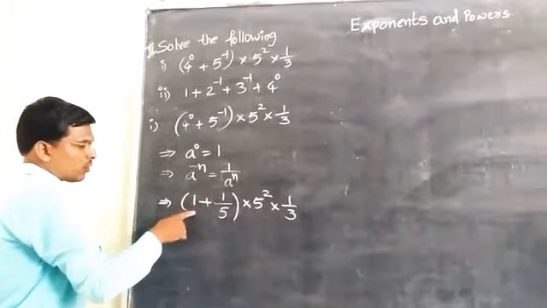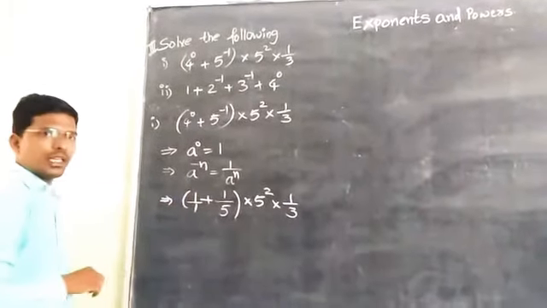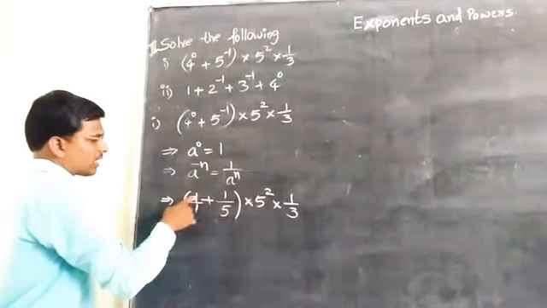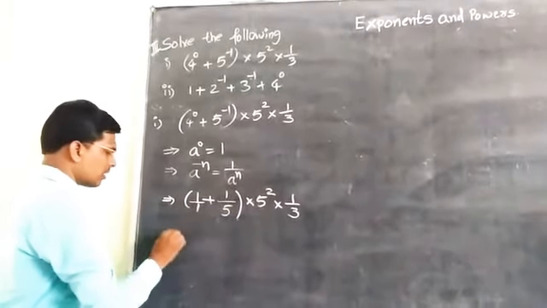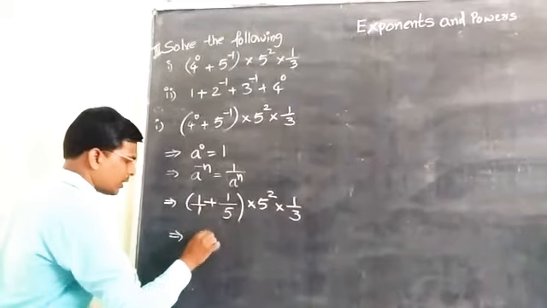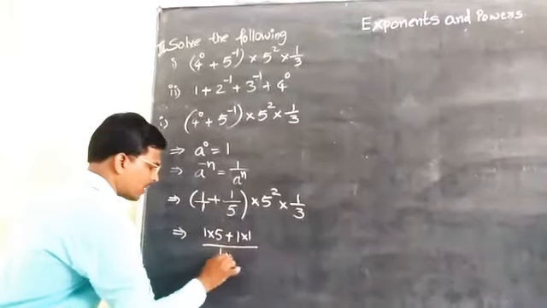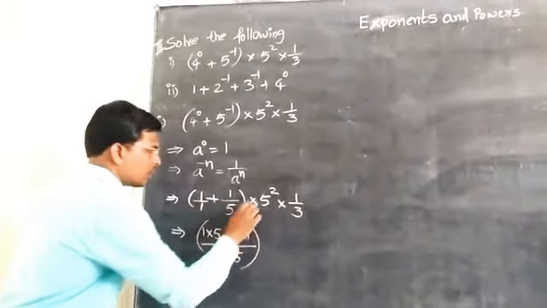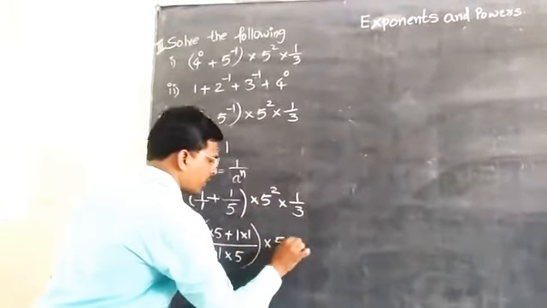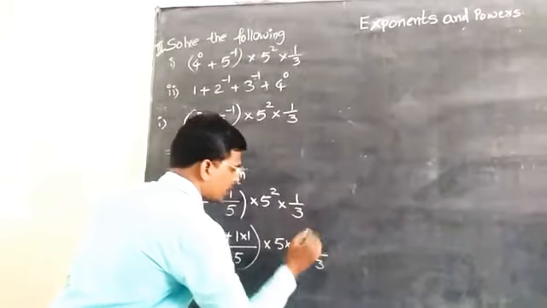See, 1 is having no number in the denominator, so we can write 1. So we can take this cross multiplication method. So 1 into 5 plus 1 into 1 divided by 1 into 5 into 5 square. 5 square means 5 into 5, into 1 by 3.